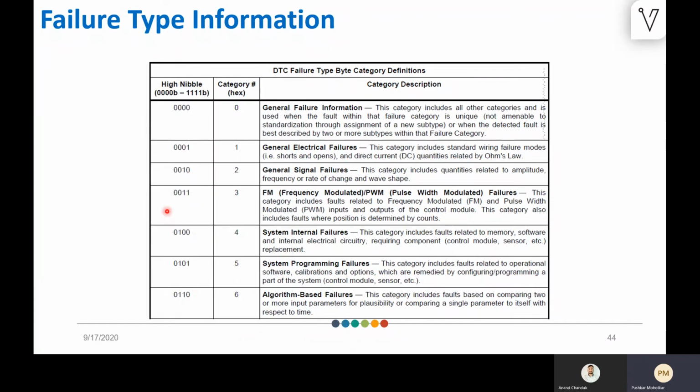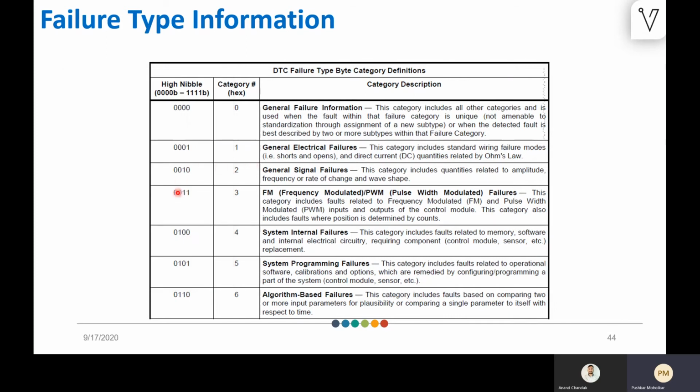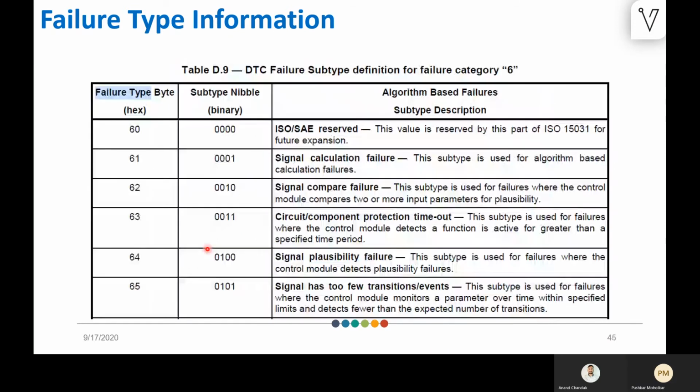let's look at the binary representation of the hex 64 code. So the higher nibble is of value 6, right? So 0110. So that tells us about the type of the failure.